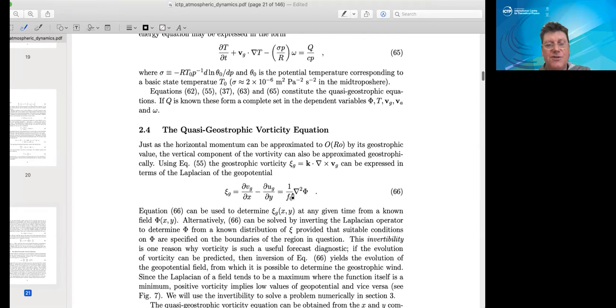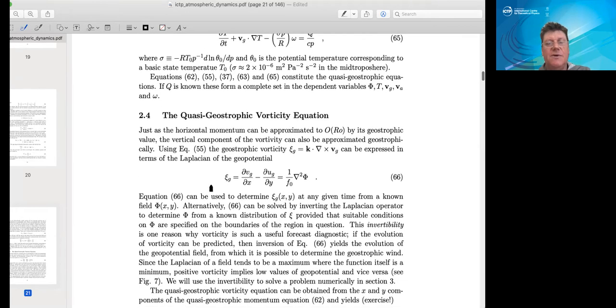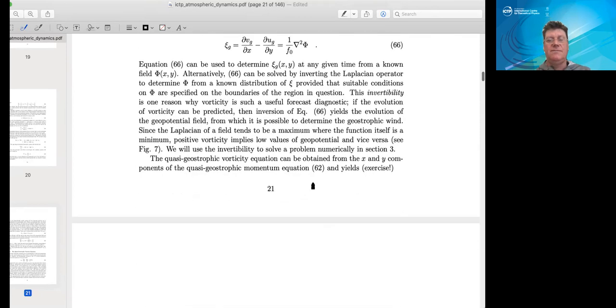Our geostrophic vorticity is defined as the vertical component of the vorticity, just using the geostrophic velocities. And then we come to the conclusion that it's of course defined as 1 over f0 times the Laplacian of our geopotential.